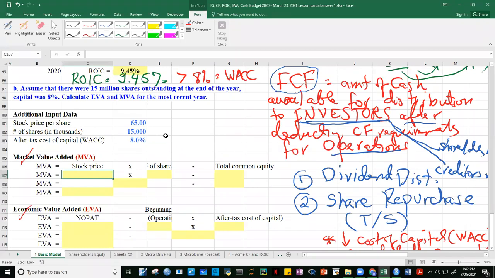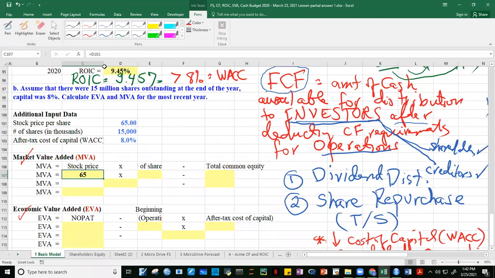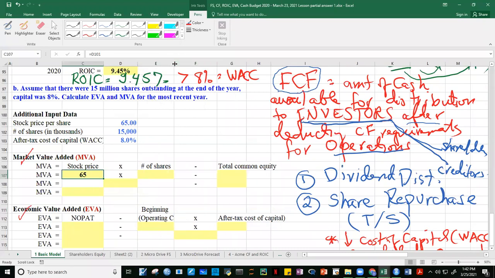We're given the information that as of December 31, 2020, the stock price of the company is 65. If you're going to buy this stock in the market, you'll have to buy it for 65 pesos. Not 65,000, sorry, 65 pesos.